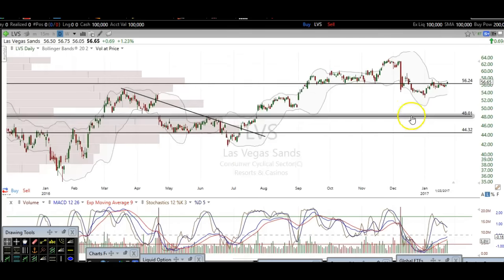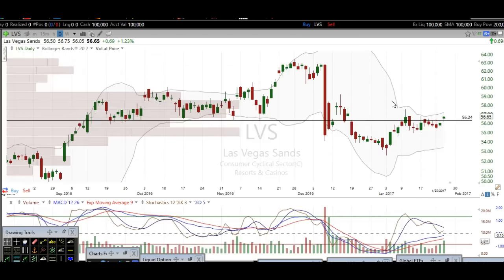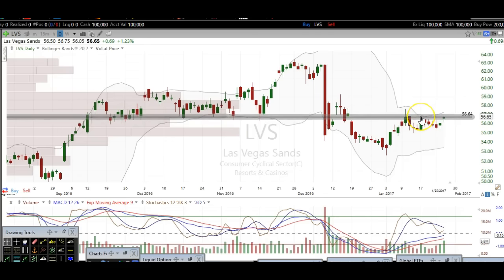And LVS, let's see what I can see on this one. So LVS, you can see we're right here at resistance today. And we've got an uptrend line right here that you can use. You can see several bounces here, right there. And you want to look for a break over this 56.65 level here for a real breakout.